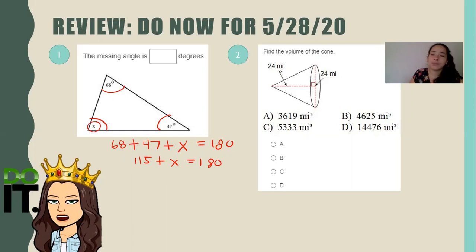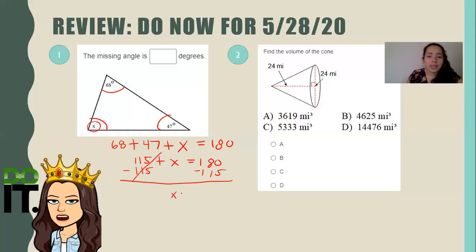And then what do I do? Then you have to subtract 115 from both sides. Why? To leave X by itself. Good. So in order to get X by itself, you subtract 115 from both sides.